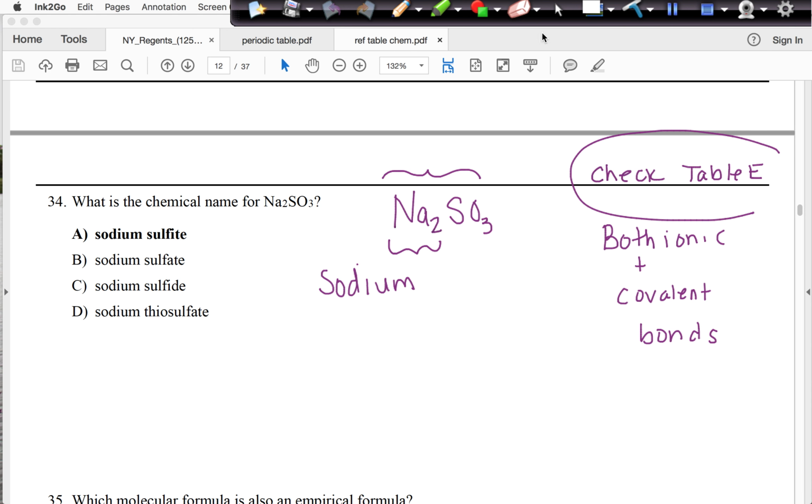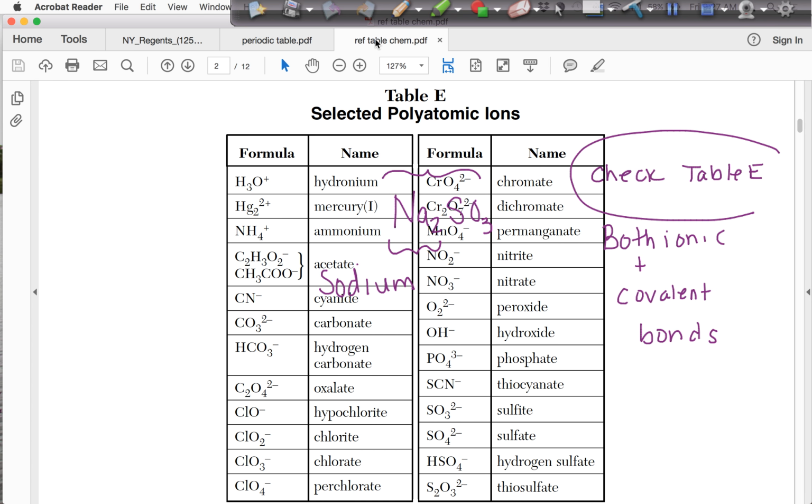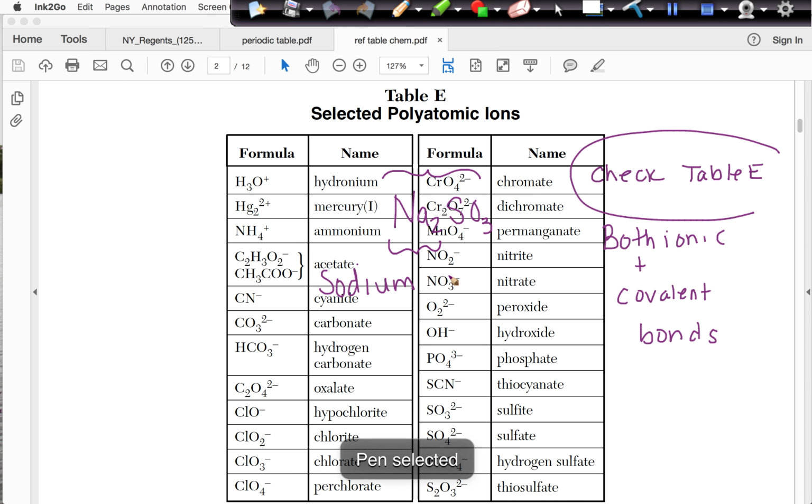The next place that we're going to look for the other part of the compound is table E, and I'm going to try to find SO3, and it says on table E that SO3 with a -2 charge is called sulfite. So we're going to call this sodium sulfite.